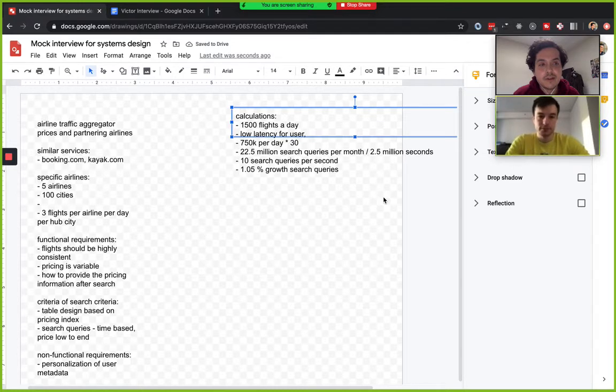Compared to a more highly available system like those services we talked about, like Facebook and Google, just because the search queries per second isn't too much, we can make it vertically scalable before it has to be horizontally scalable, and we don't necessarily need a NoSQL database for those faster search queries.